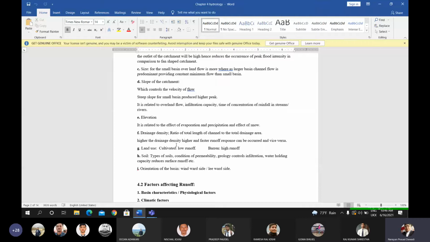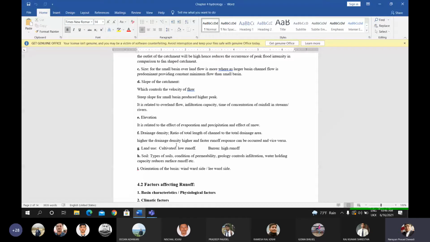That higher drainage density reflects that there is a high chance of carrying water from such a tributary to the main river.